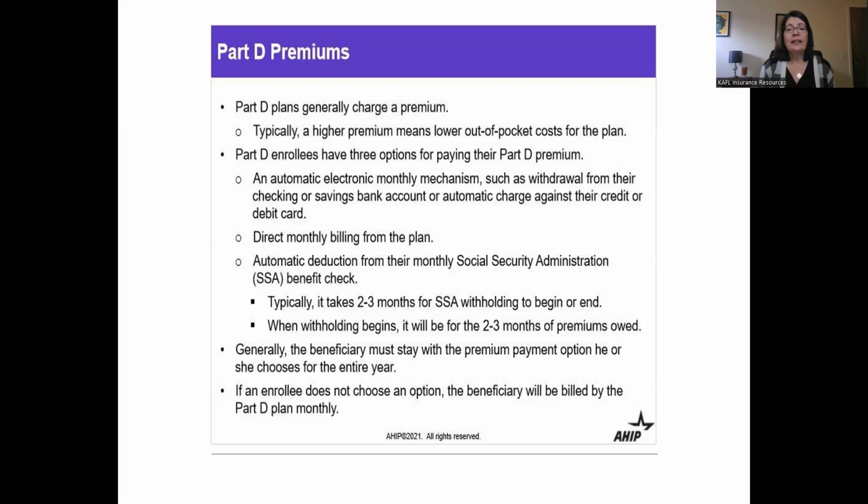And it can initially be for 2 to 3 months of premium owed, because it takes that long to get started. Then when it is started, they charge for the premiums that have not yet been paid. And then usually the person has to stay with the premium paying option that they have chosen for the entire year. And if they don't choose an option, they'll get a bill in the mail.